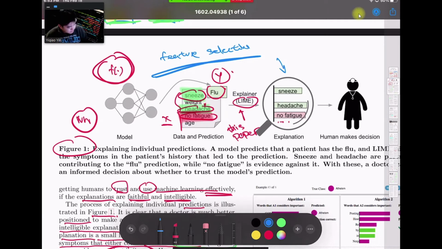Let's say x1 is sneeze, x2 is weight, x3 is headache, x4 is fatigue or not, x5 is age, right? And then I'm making this prediction. And then after all this work is done, Lime is coming here and says, okay, let's look at the model, right? Let's look at the features.